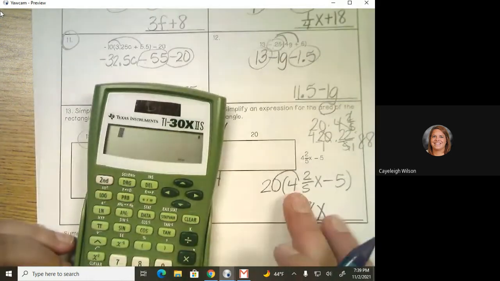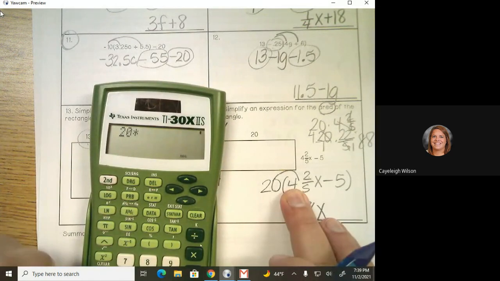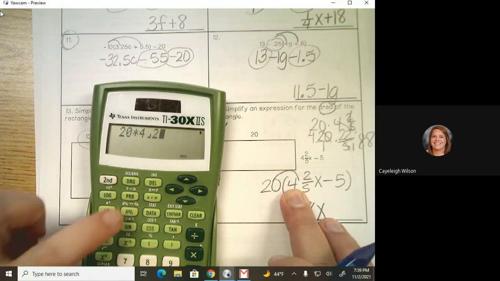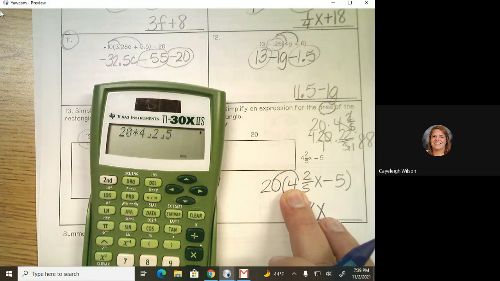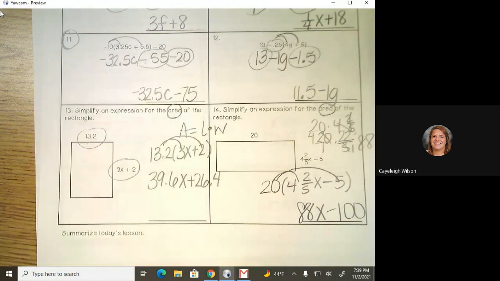So the way that you would do a mixed number is you would do 20 times 4 ABC 2 ABC 5. So that's 4 2/5. So that's 88. And then 20 times negative 5, that's negative 100. All right, and those are not like terms.